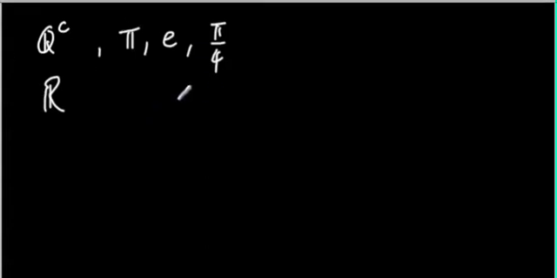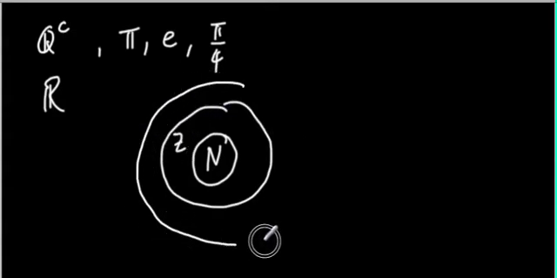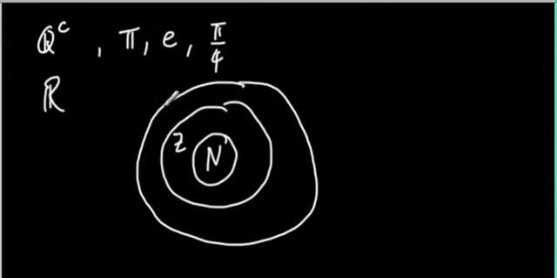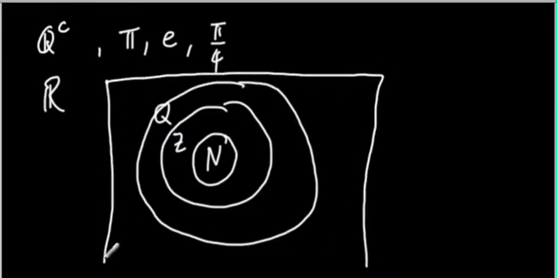The way we described that was the natural numbers fit inside, and inside that are the integers. The rational numbers are inside there, and basically this whole thing fits inside the real number system.